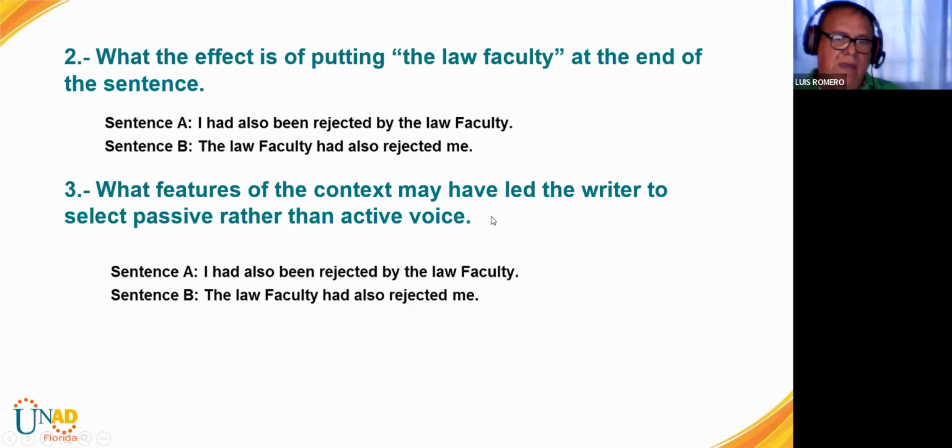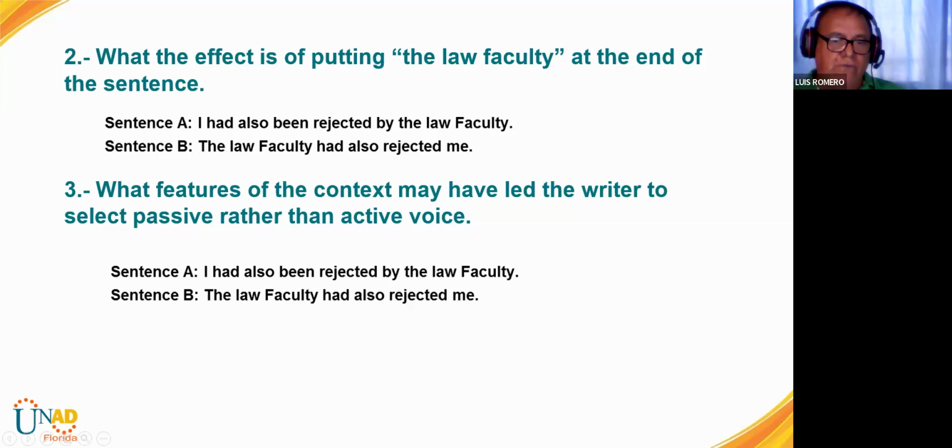It would be an interesting question to ask the writer, or a functional grammarian, why he needed a sentence in active voice rather than one in passive voice like this one.